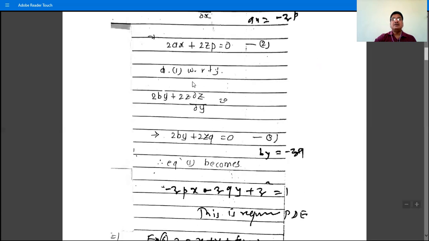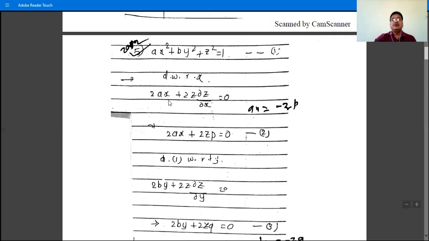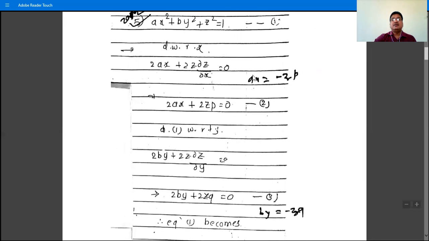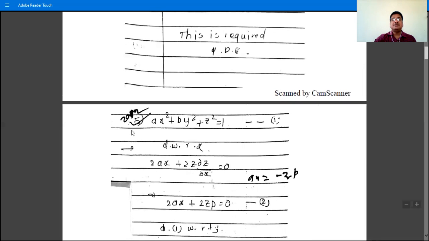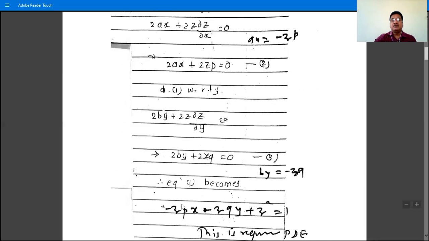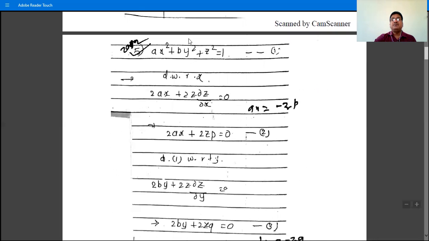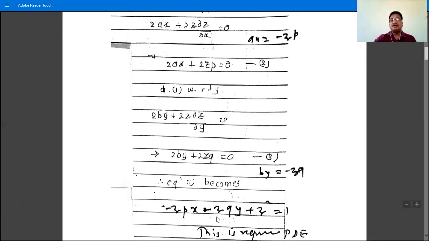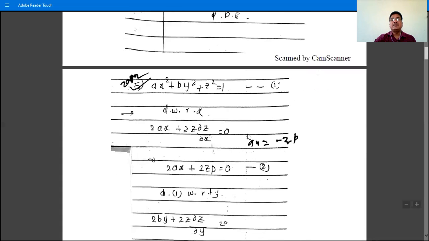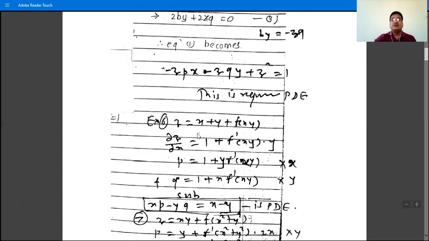So we have ax square. ax square means ax into x, and the value of ax is minus zp, so we have minus zpx. Again, by square is by into y, and the value of by is minus zqy, plus z square is equal to 1. And then this is the required partial differential equation.